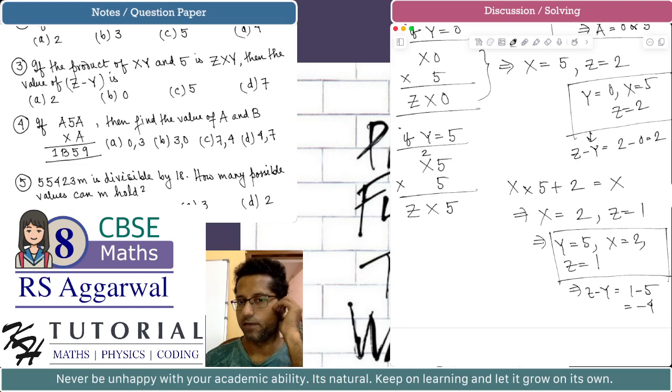Now with y equal to 5, can x have any other value other than 2 such that x5 multiplied by 5 is zx5? Can x be 3? No, it cannot be 3. Can x be 4?